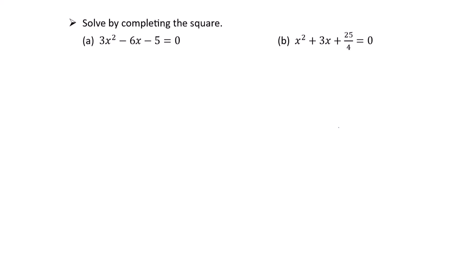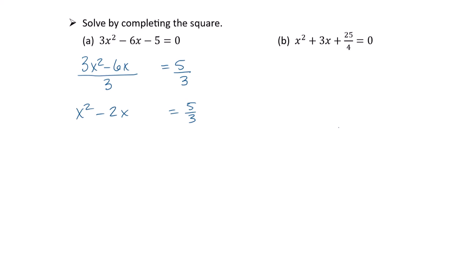Solve by completing the square. 3x squared minus 6x minus 5 equals 0. The first thing that we'll want to do is go ahead and isolate the variable terms. After this, we want to divide both sides by 3 so that my leading coefficient is now 1.